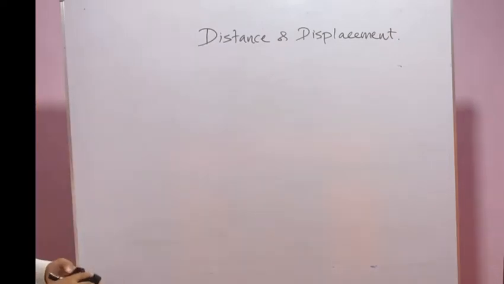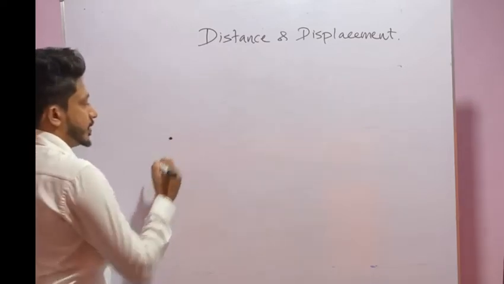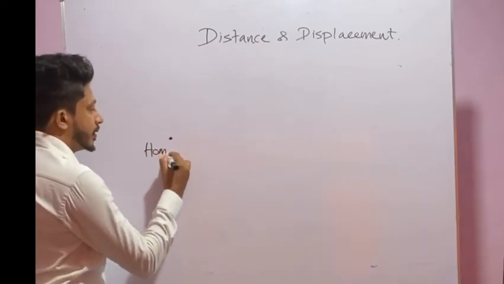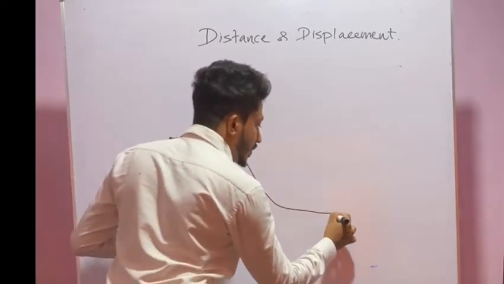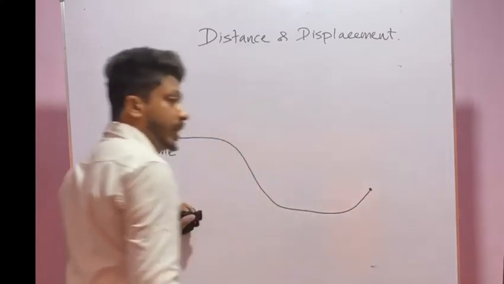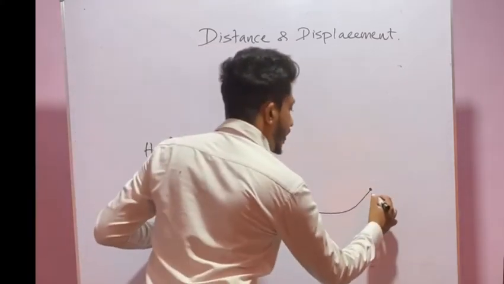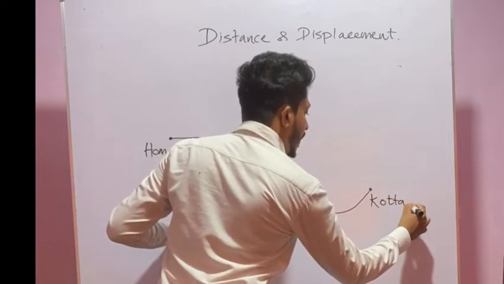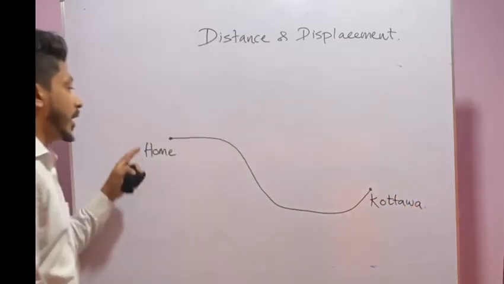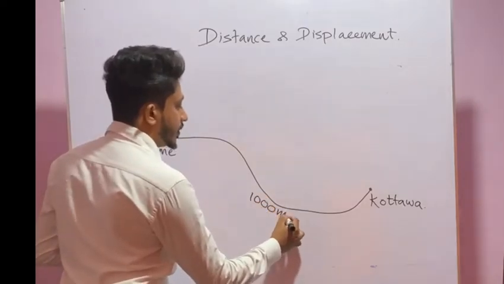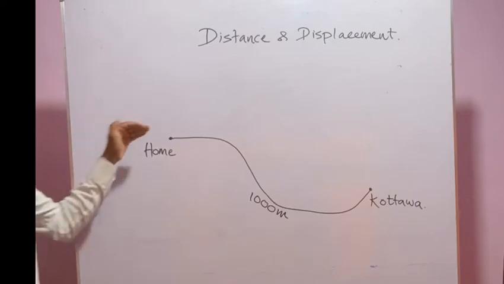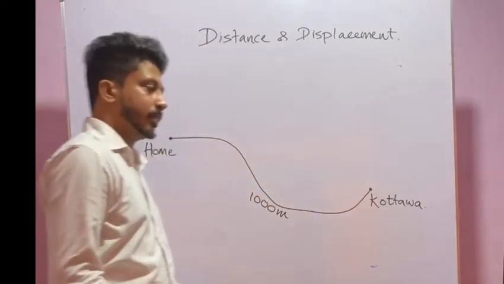We are going to discuss what is the difference between those two quantities, and what is distance and what is displacement. Let's see. As an example, this is our home. I have to go through this path to get to my nearest town, let's say it is Kottawa. I have to travel 1000 meters, nearly 1 kilometer, to reach my nearest town.